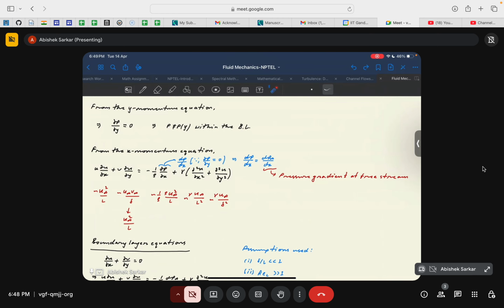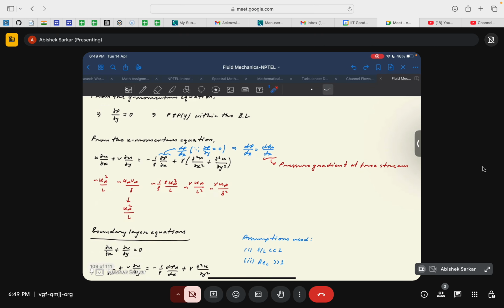Now let us again see how these terms individually scale. u ∂u/∂x will scale as u infinity times u infinity divided by L, so it will scale as u infinity squared by L. The next term is v infinity times u infinity divided by L, and since v infinity scales as u infinity delta by L, if you substitute that in this scaling, you will eventually end up with u infinity squared by L. Now let us see the pressure gradient term.